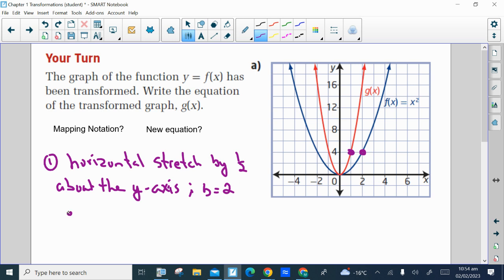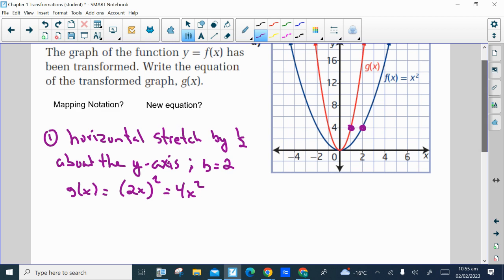And our equation for g would be 2x all squared, or 4x squared. So that is if we were horizontally stretching it by a factor of 1/2.